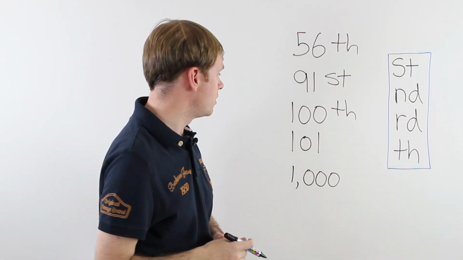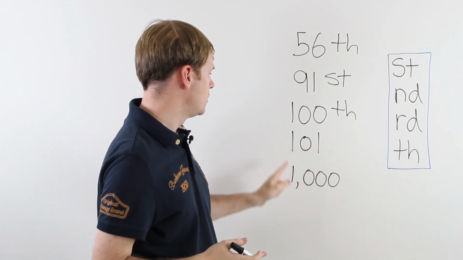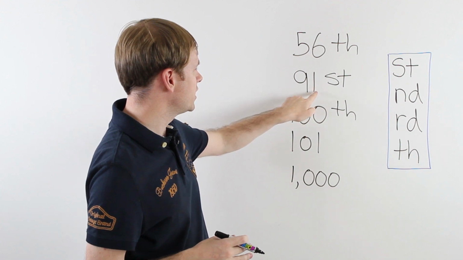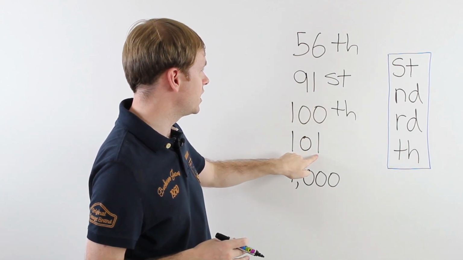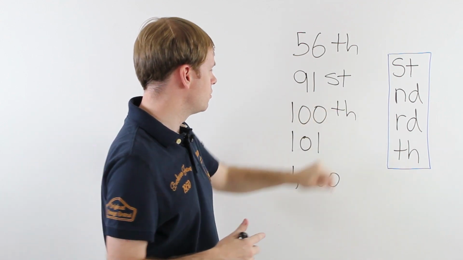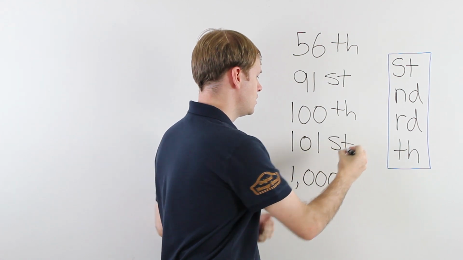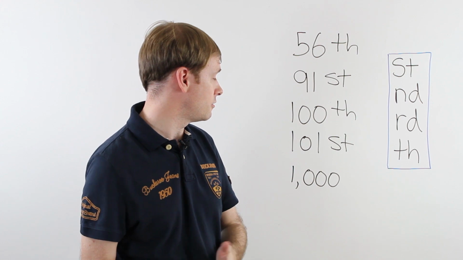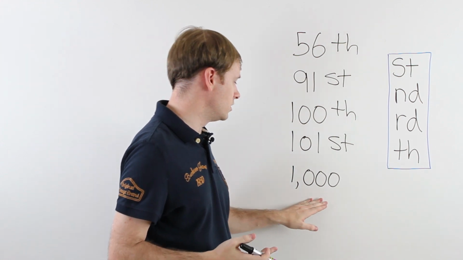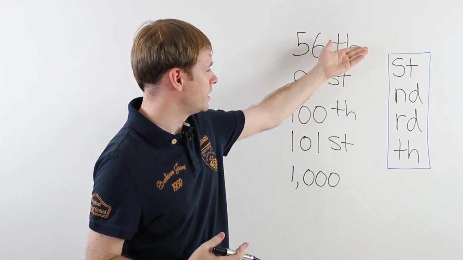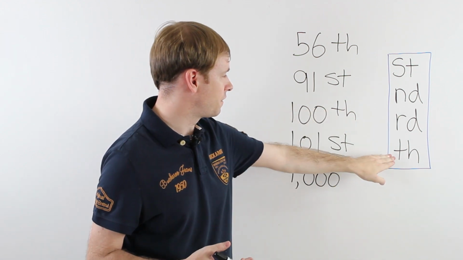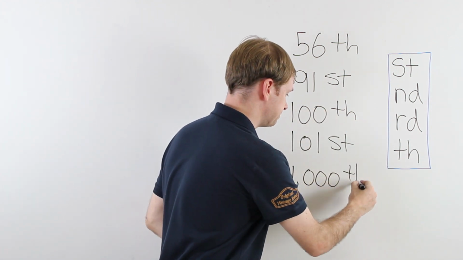All right, and the next number, 101. Well, this is like 91st. This is first again, first. So it's going to be 101st. All right, and the last one, 1000. We have to choose, well, 100th, 1000th. Okay, it's going to be the same.